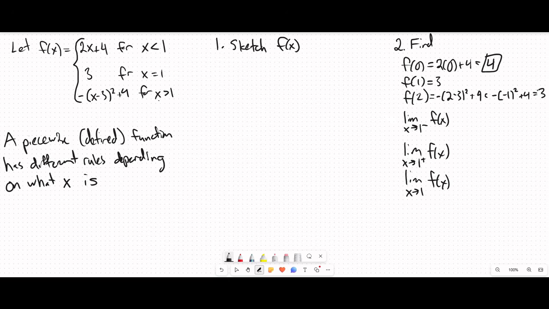That's going to equal 3. Okay, cool. So we were able to evaluate this function at some different points using this piecewise definition. We just looked at, is my input less than 1, equal to 1, or greater than 1? And that told me what rule to use.